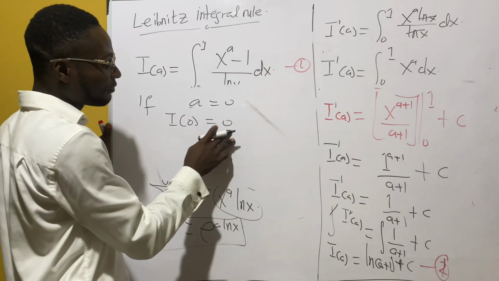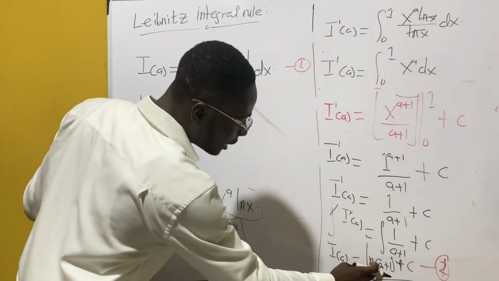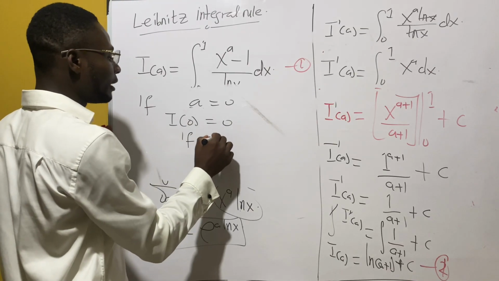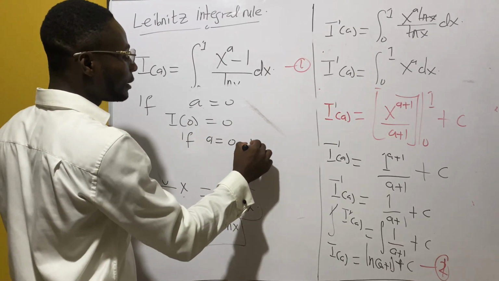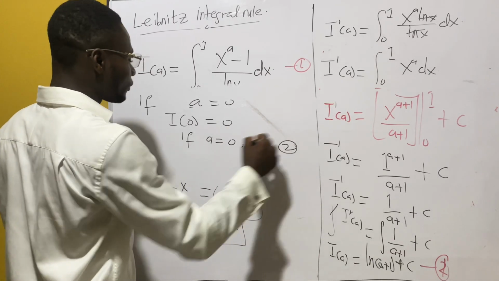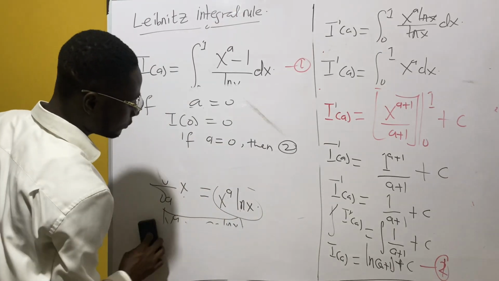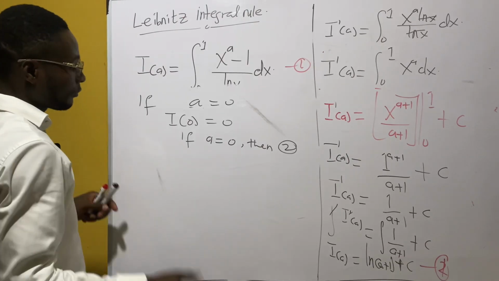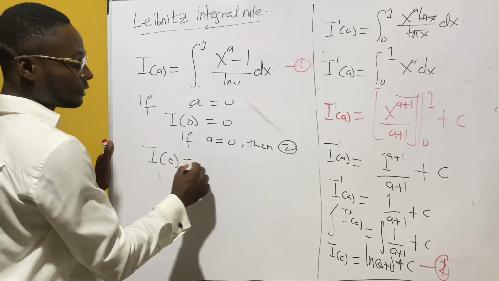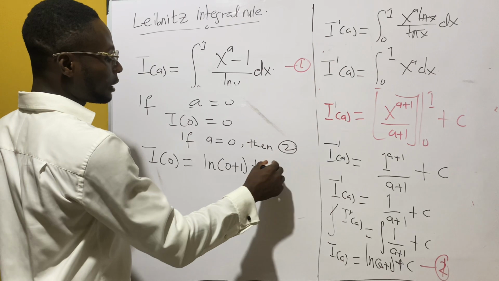So putting a equal to 0 into equation 2, we will have I of 0 equal to ln(0 + 1) plus c.